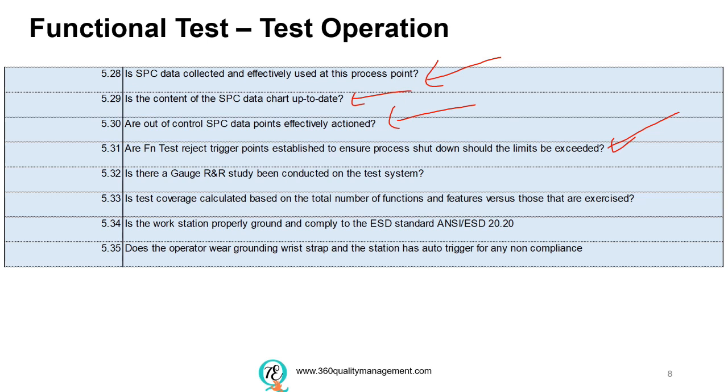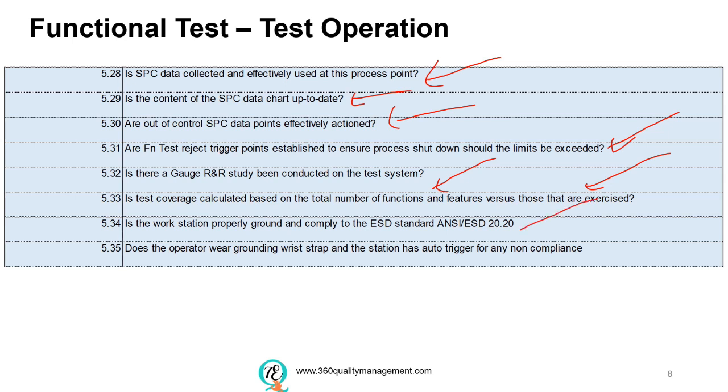You would like to check if the manufacturer also conducts some kind of gauge R&R study where applicable for the test system, especially for a complex board. And the test coverage should be calculated by the total number of functions and features versus those that are exercised or tested.